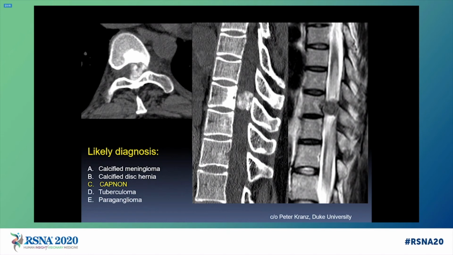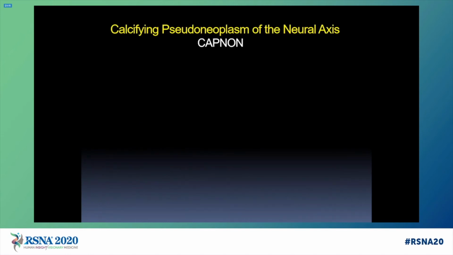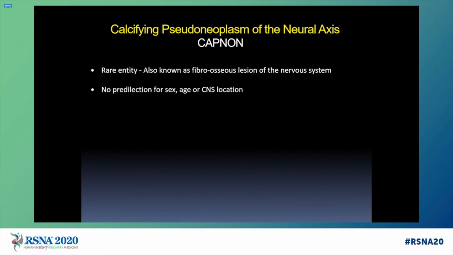So what is CAPNON? This is known as calcifying pseudoneoplasm of the neural axis, which is a rare entity also known as a fibro-osseous lesion of the nervous system. It has no predilection for age, sex, or CNS location, so this entity can be seen in the brain as well. The lesions could be intra or extra-axial, but they tend to be located along the ventrolateral epidural space more commonly.